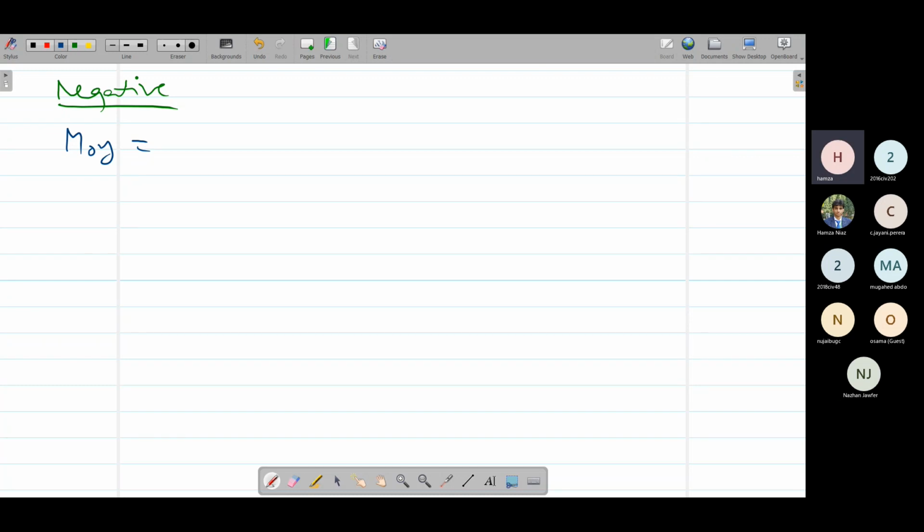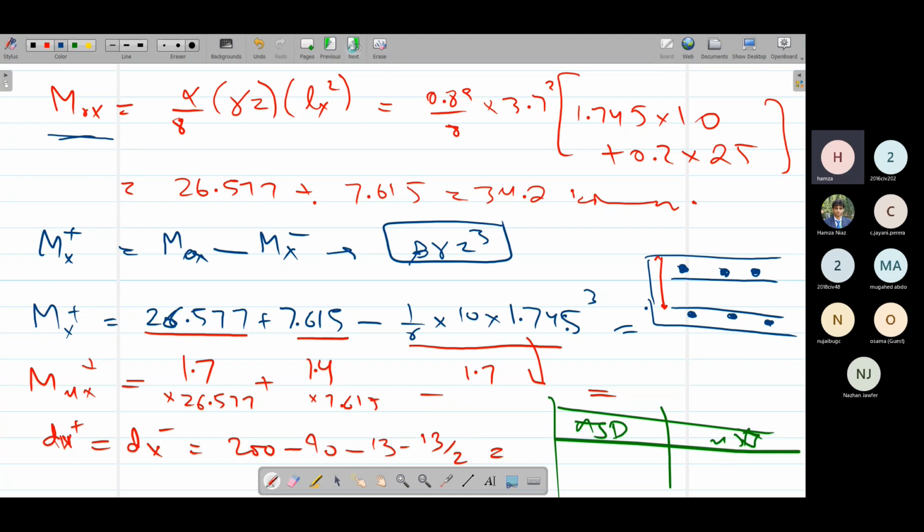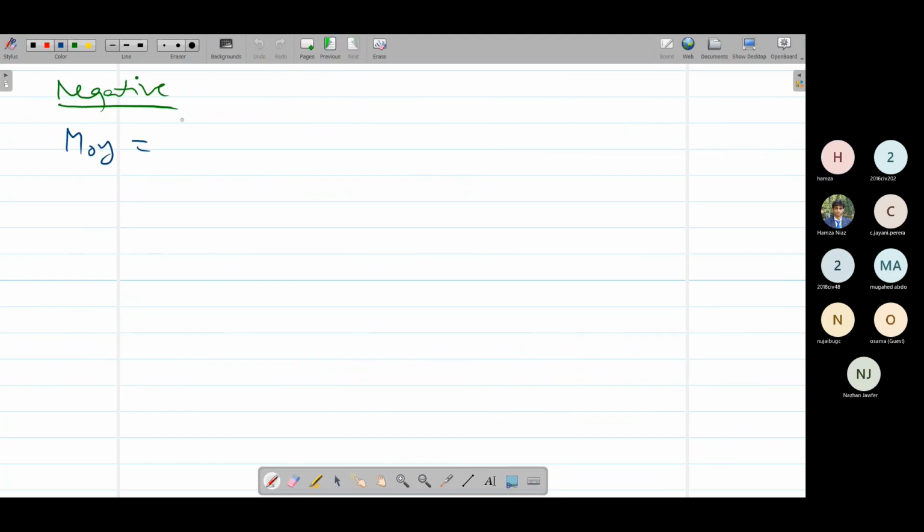For negative moments, again the same procedure we have to apply. First, we'll get the simplified negative moments. That would be alpha over 8 times Ly square. So Ly we have 6.2 square, times gamma of water into Zc.